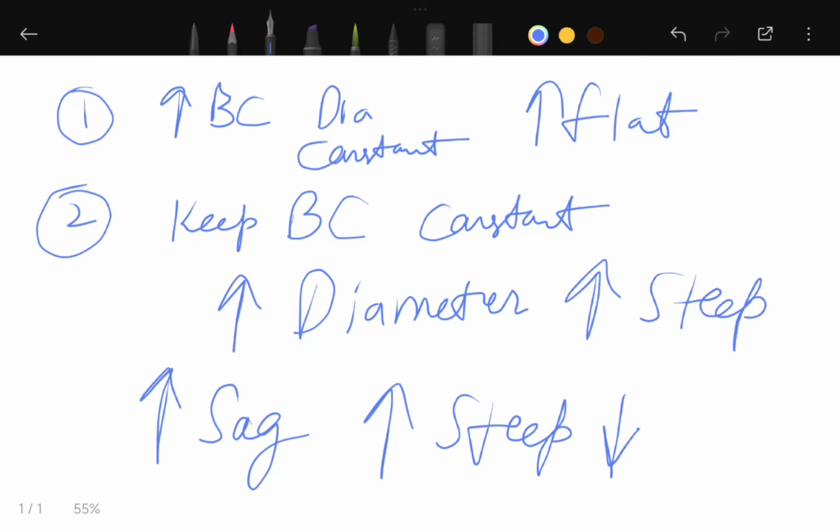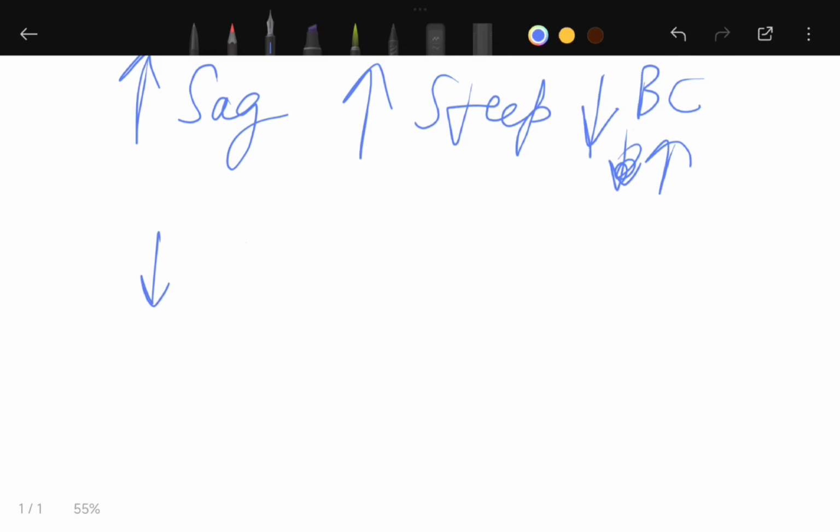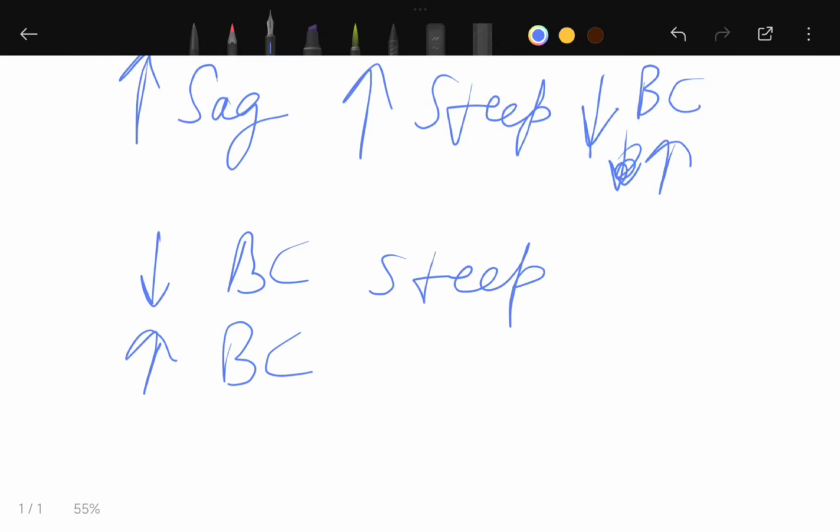And with a smaller base curve, the lens will become more steep. Means if you decrease the base curve, the lens will become steep. If you increase the base curve, the lens will go toward the flatter side.